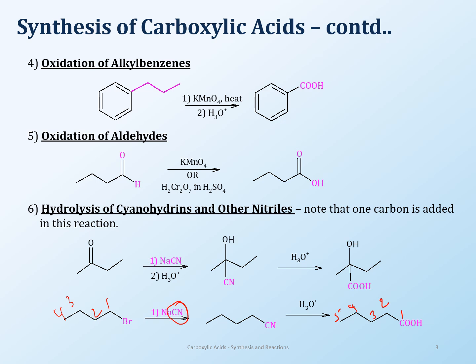So you start with one carbon less. In case you want to make pentanoic acid, you start with something with 4 carbons. You have to remember that, because that's what this reaction does with the nitriles. But this is an old reaction, you have done this before.